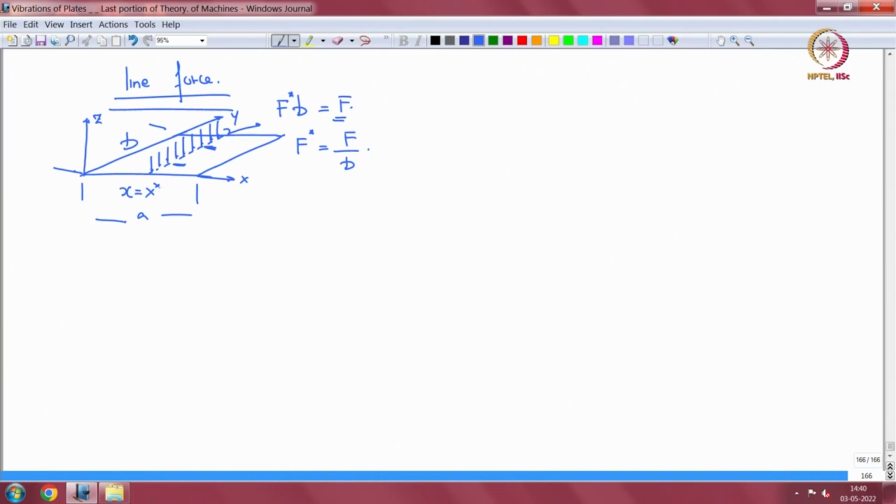Further, it is at x equal to x star. So, I will multiply this with a delta that already gives me force per unit area. Okay. And I will restrict it, here it is not necessary, but I will restrict it from 0 to b. So, h y minus 0 minus h y minus b.